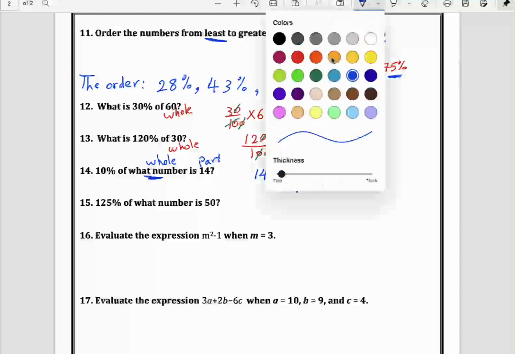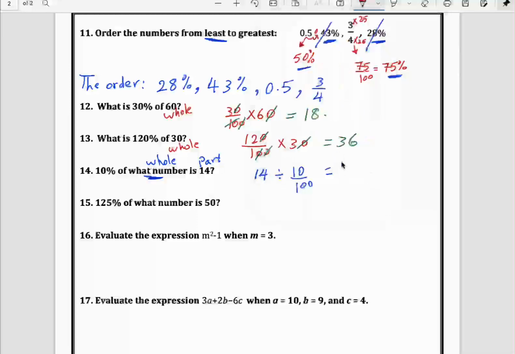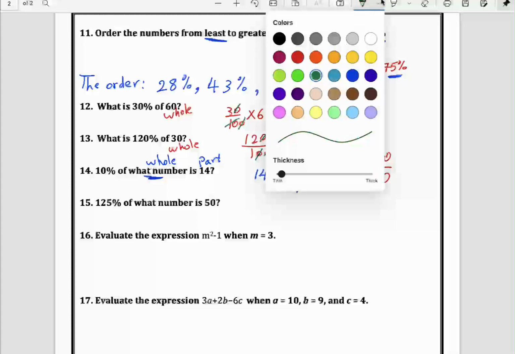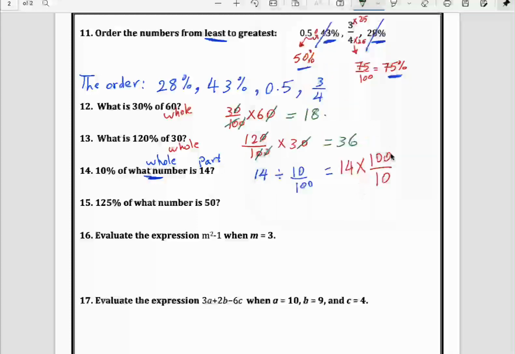So it will be 14 multiplied by the reciprocal, which is 100 over 10. And now I can simplify. Remove the 0. And you need just to multiply 14 by 10. It's 140.